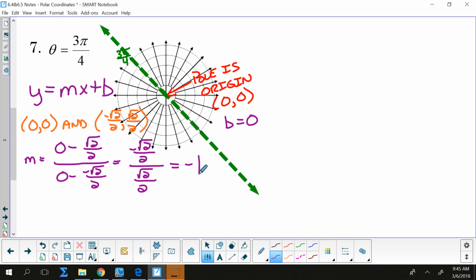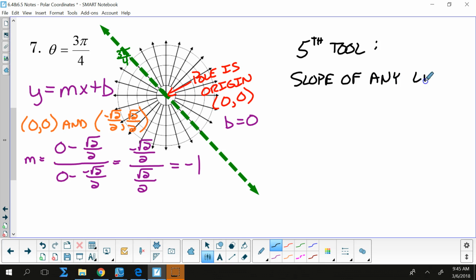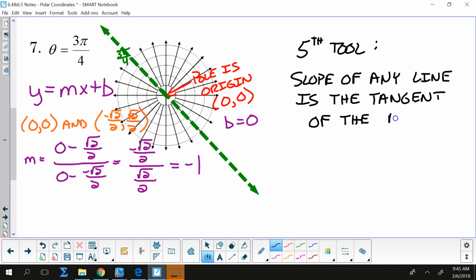Okay? So I'm going to give you now a fifth tool. The slope of any line is the tangent of the angle.